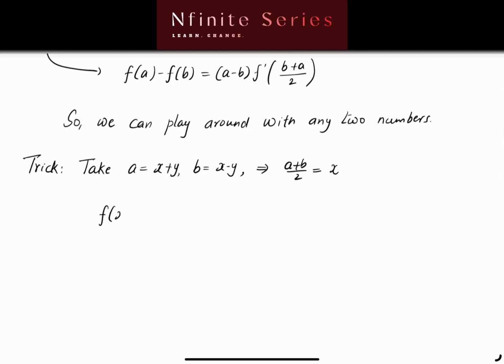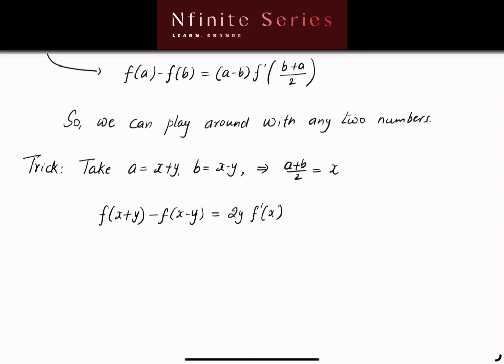Now with these values of a and b, we get the following equation from the given condition. f of x plus y minus f of x minus y is equal to the difference of a and b, which in this case is 2y, times f prime of the average of a and b, which is x.